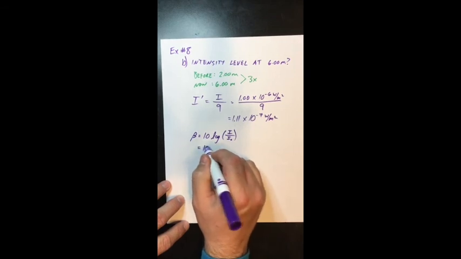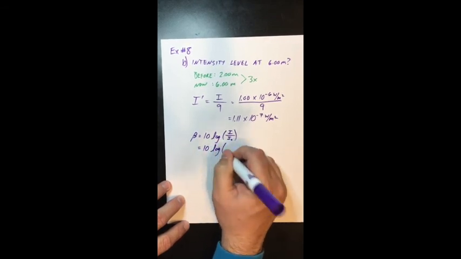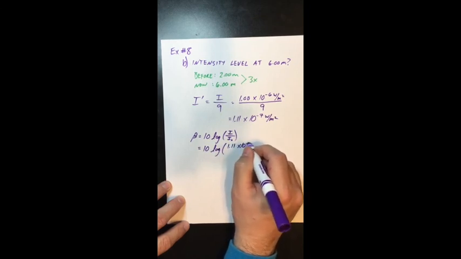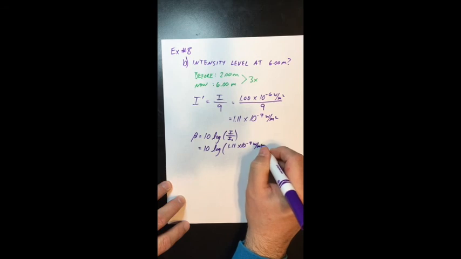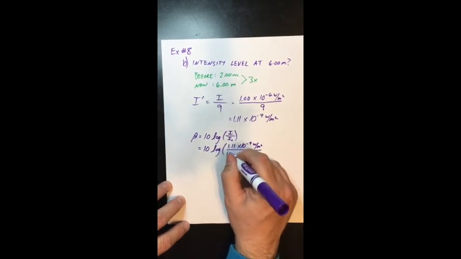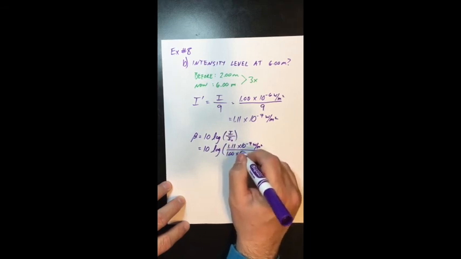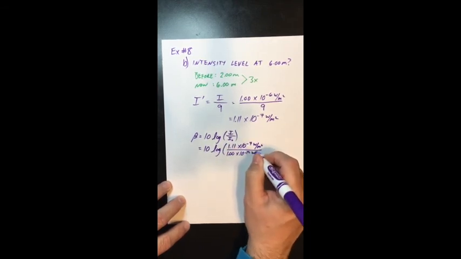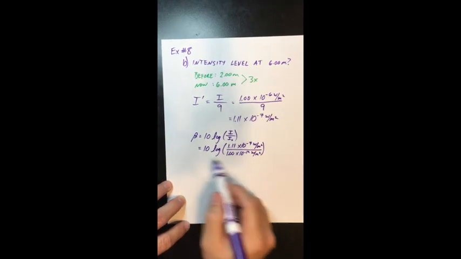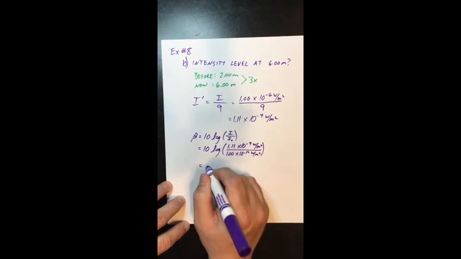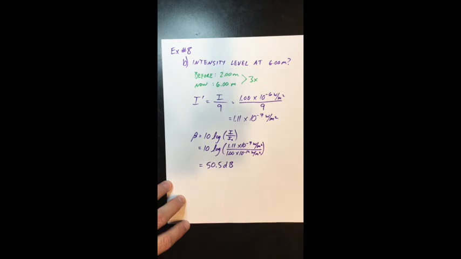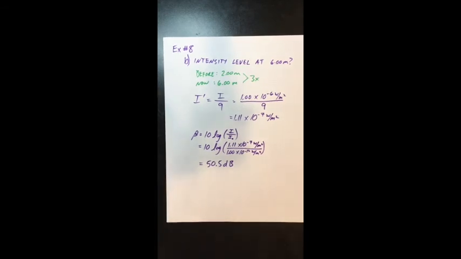So I just need to plug in my pieces. 10 log of 1.11 times 10 to the negative 7th watts per meter squared over 1.00, this is the I naught from before, 1.00 times 10 to the negative 12th watts per meter squared. And then we do that calculation in our calculator. You should get 50.5 decibels. All right, so that concludes example number 8.